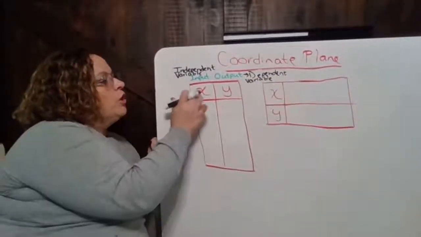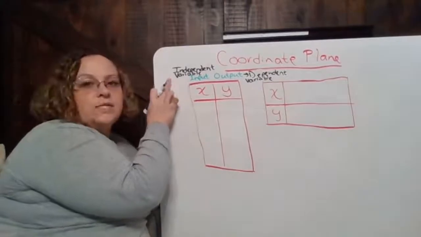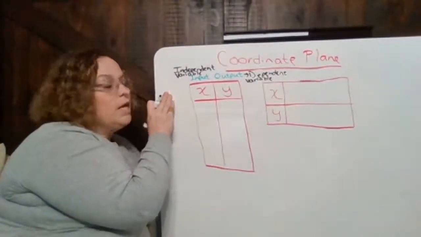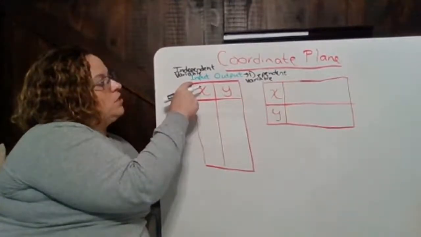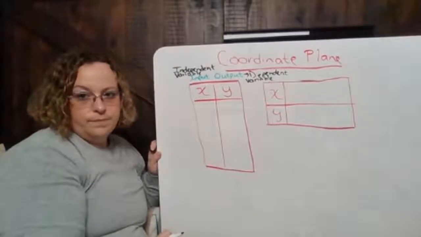Now, your X, your input, it is also called your independent variable. Think about it this way. Input starts with an I, independent starts with an I. So those two go together.